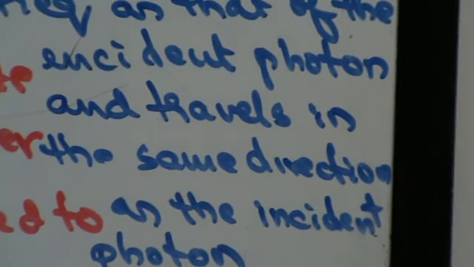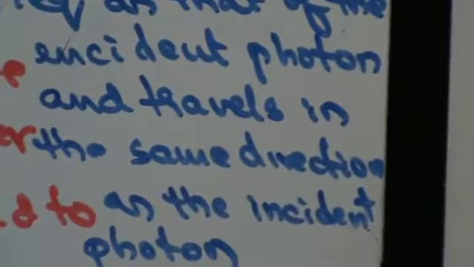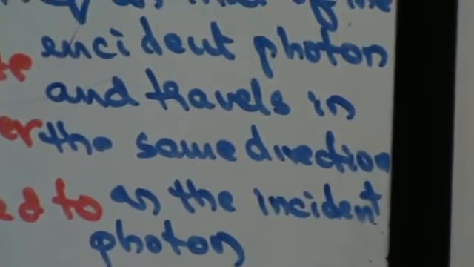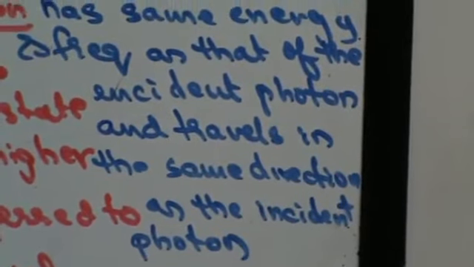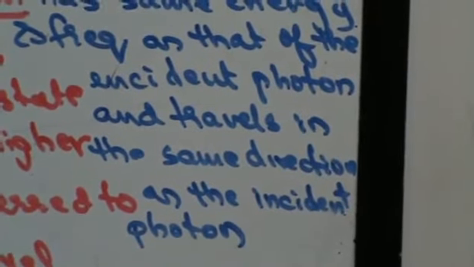So stimulated emission leads to a more intense wave. Why? Because instead of one wave going in, I have two waves coming out, both in phase and with the same frequency. As a result, constructive interference takes place between them, and that leads to an increase in the intensity.